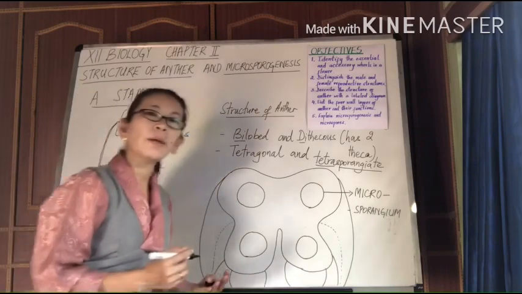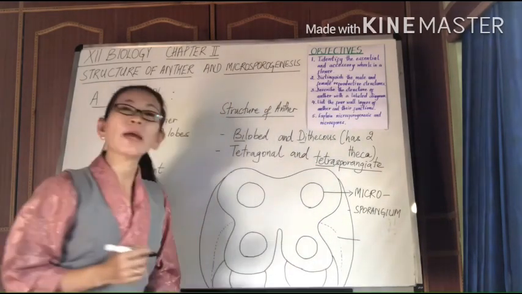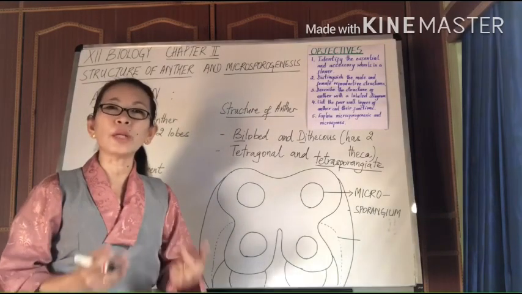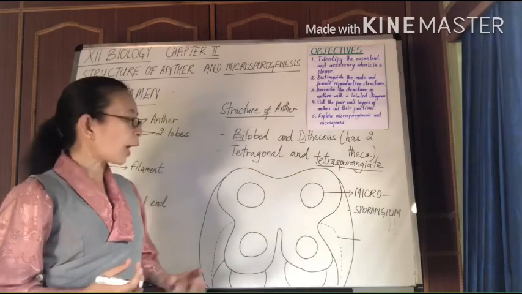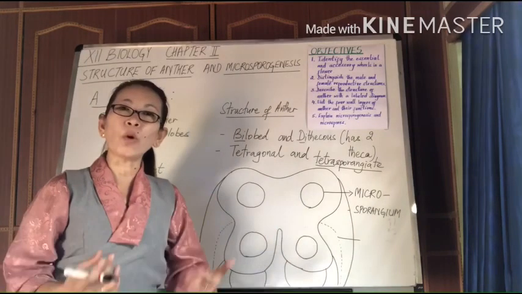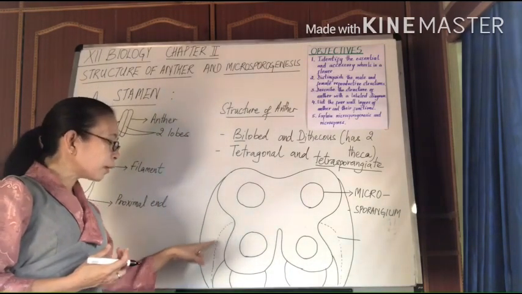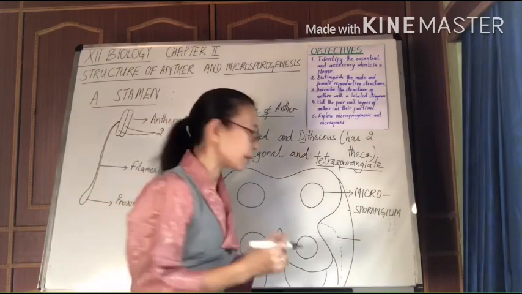The anther after maturation would be carrying many pollen grains, and the pollen grains need to be released. So in order to release the mature pollen grains, the anther would be dehiscing, which means it is going to be breaking open. And this dehiscence occurs from the line here, right? So we call this the line of dehiscence.